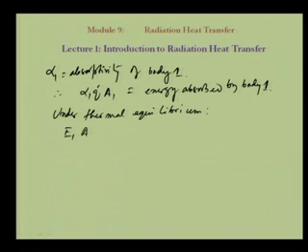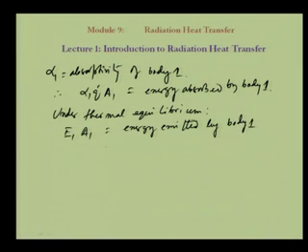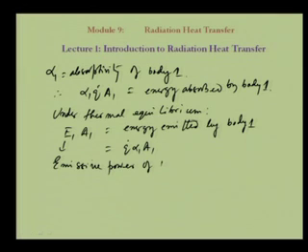E1 A1 is the energy emitted by body 1, and that will be equal to q dot alpha 1 A1. So, E1 is the emissive power of body 1.